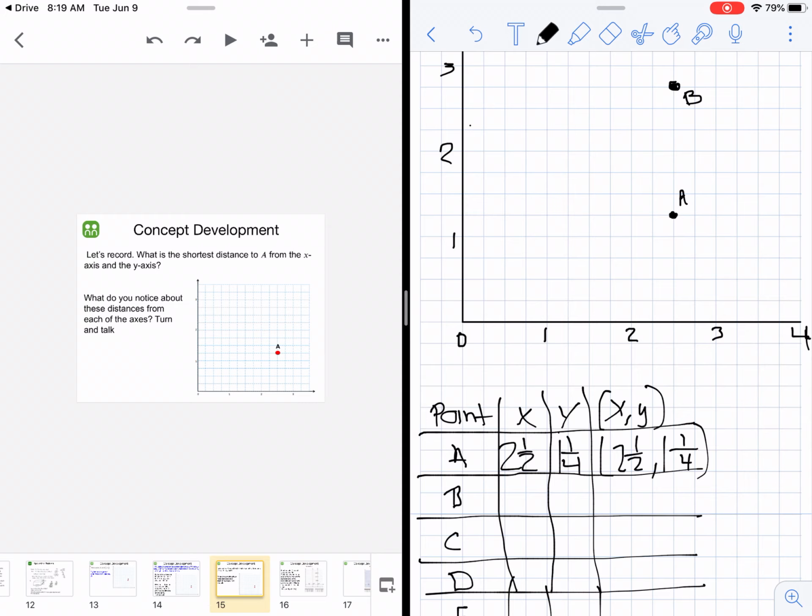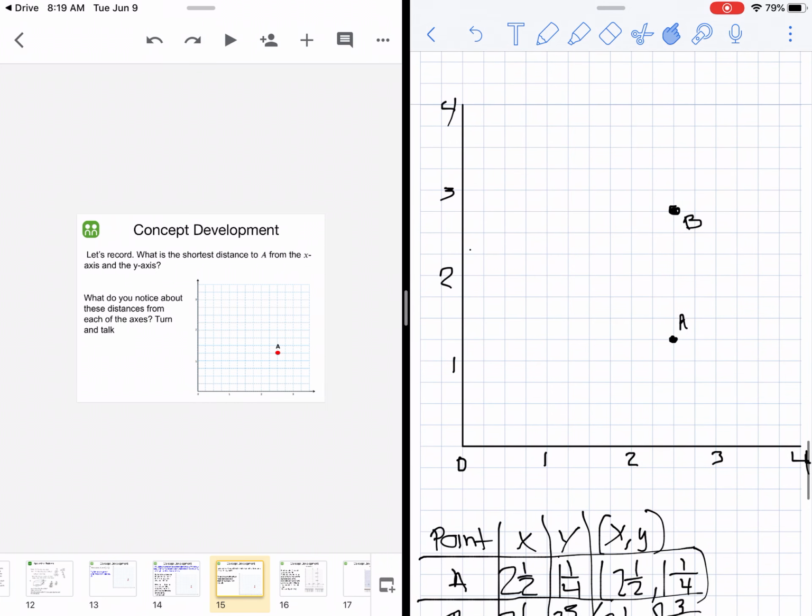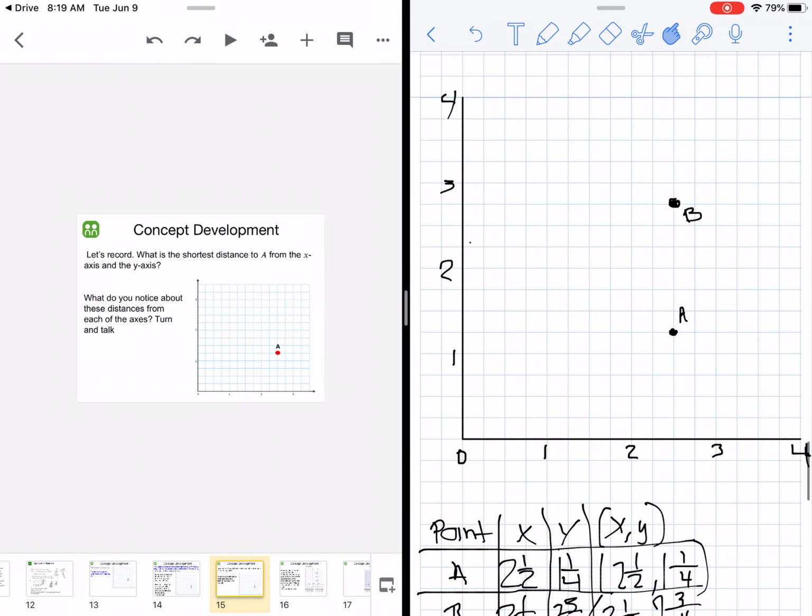The coordinates of B are 2.5 and 2 3/4. Good job. 2.5, comma 2 3/4. So now, what do you notice about these 2 points? Good, they have the same x-coordinate.